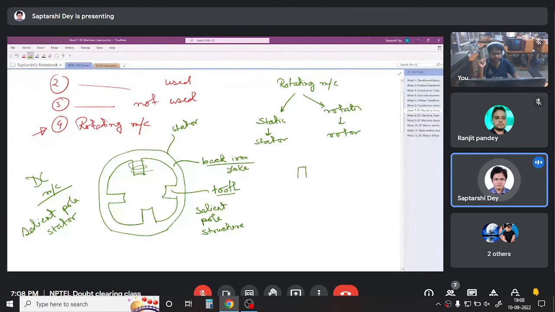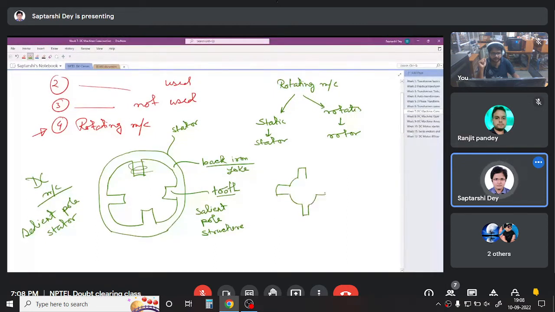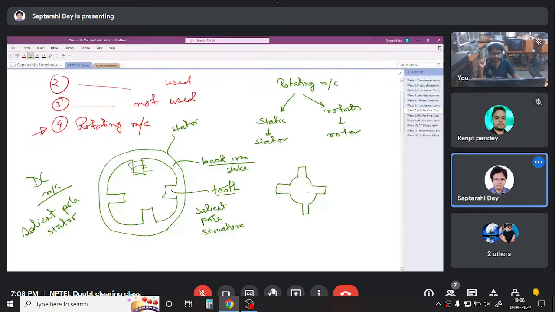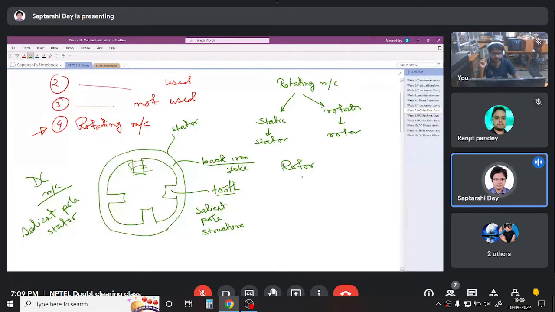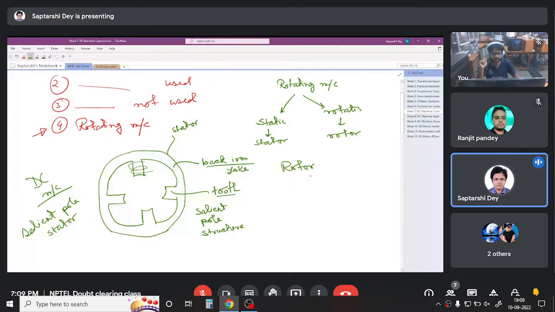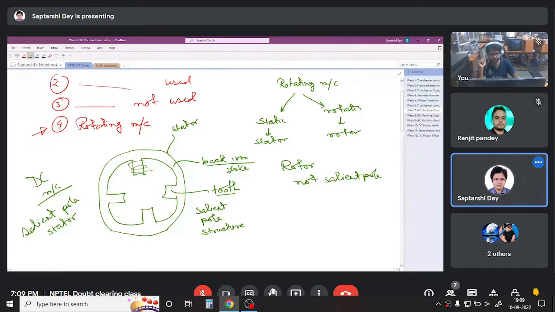Say a rotor can look like this, something like this. So this has a salient pole, but in DC machine you will see that rotor is not salient pole. It has a uniform surface on it.